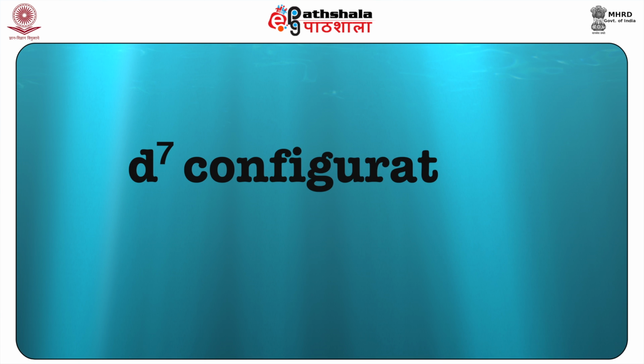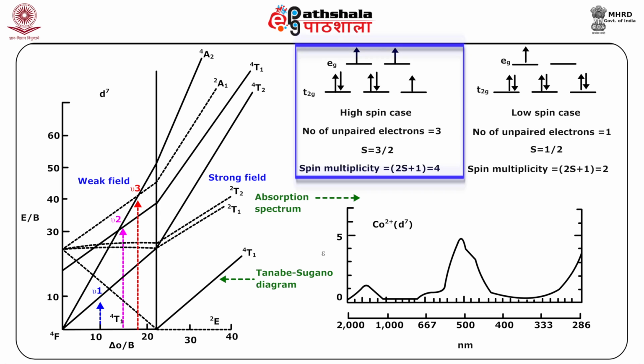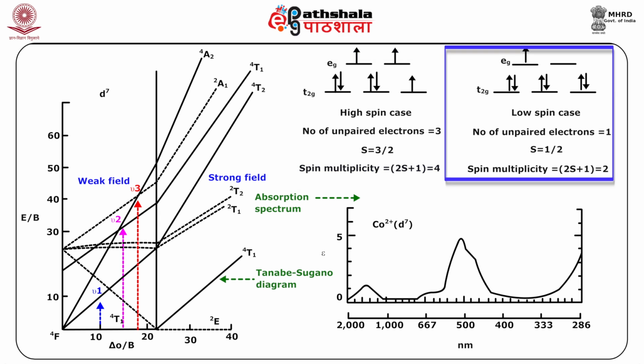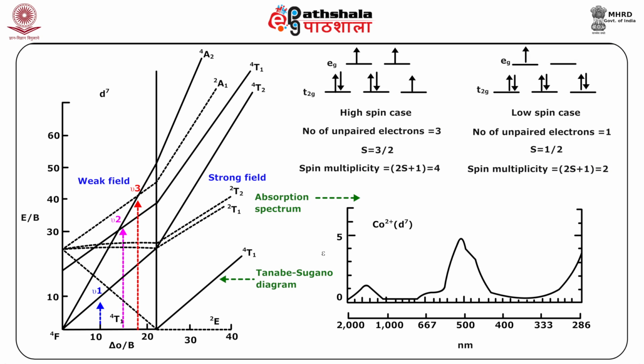Next, we are going to discuss a d7 configuration. For a d7 configuration, the weak field leads to a spin multiplicity of 4, and in the strong field, it alters to the value 2. The Tanabe-Sugano diagram of the complex along with the absorption spectrum is shown in the figure.